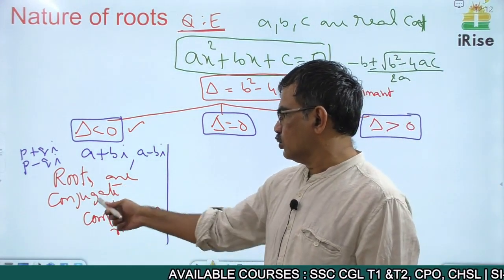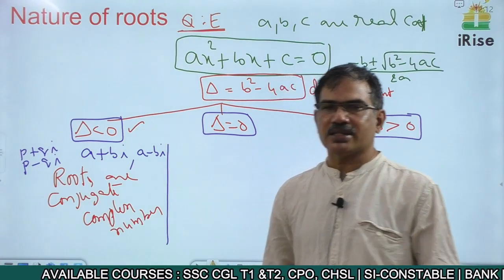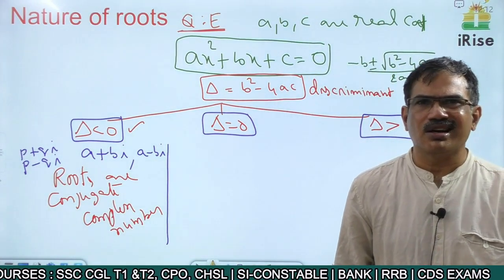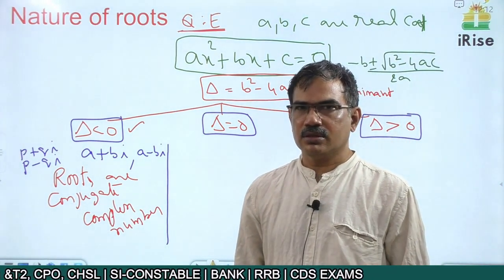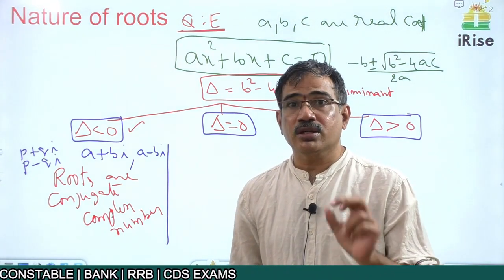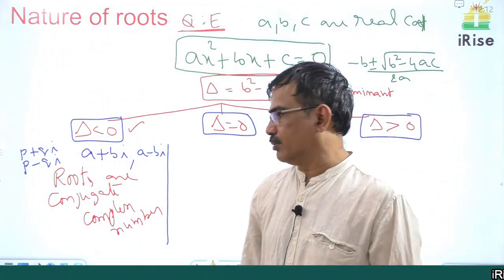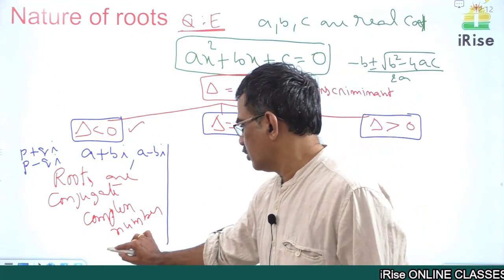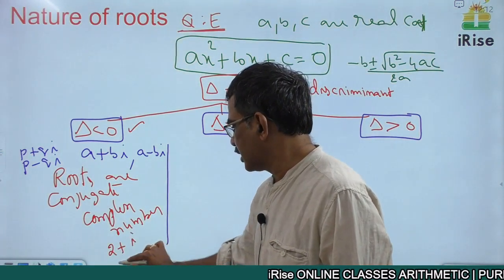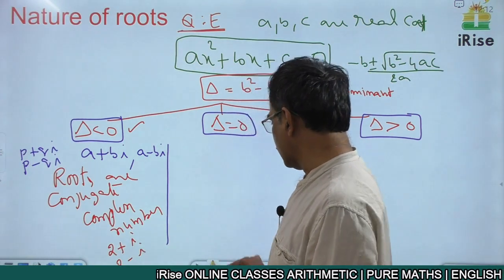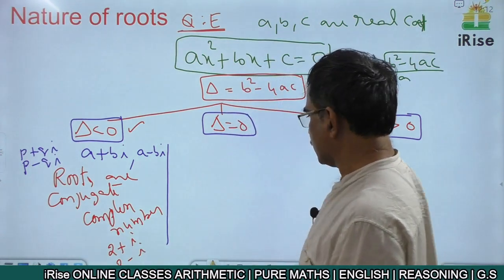So we say that the roots are conjugate complex numbers. What are conjugate complex numbers? Sum and product must be real numbers. For example, one root is 2 plus i, the second root is 2 minus i. These two are conjugate complex numbers.